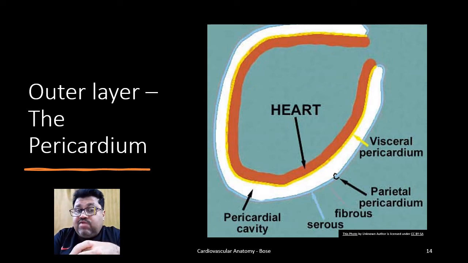And this will prevent the heart from beating, depending on the amount of fluid that accumulates within this space. This fluid can be not just the pericardial fluid, but it can be blood or similar blood and other types of fluids.